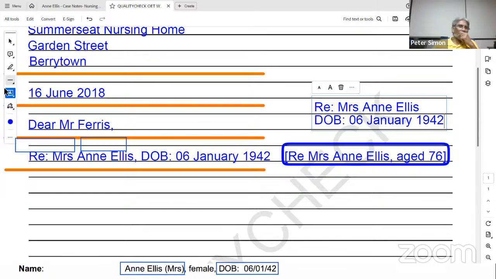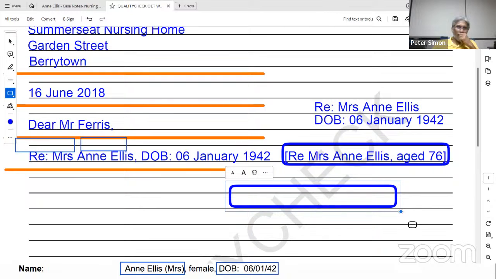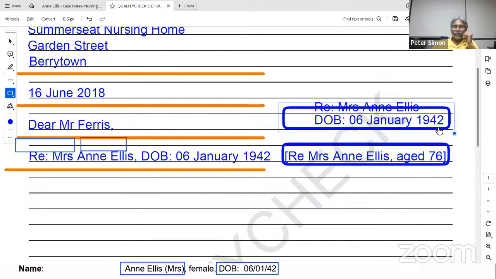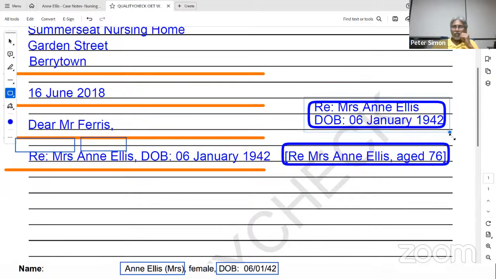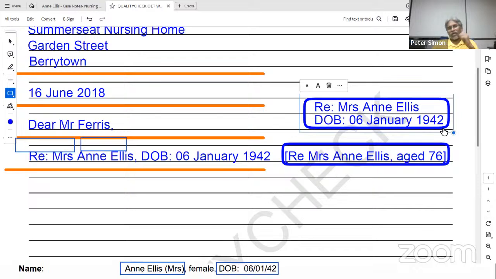This is another option. Yeah, this is another style. So that is also right. You can write like this.